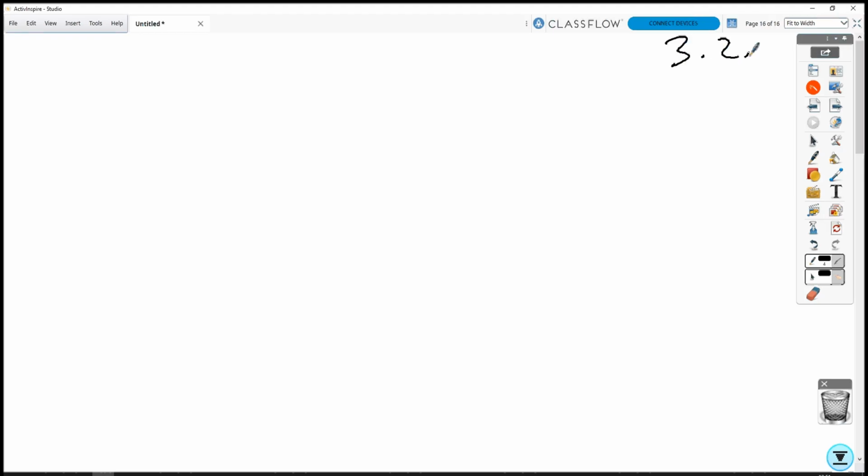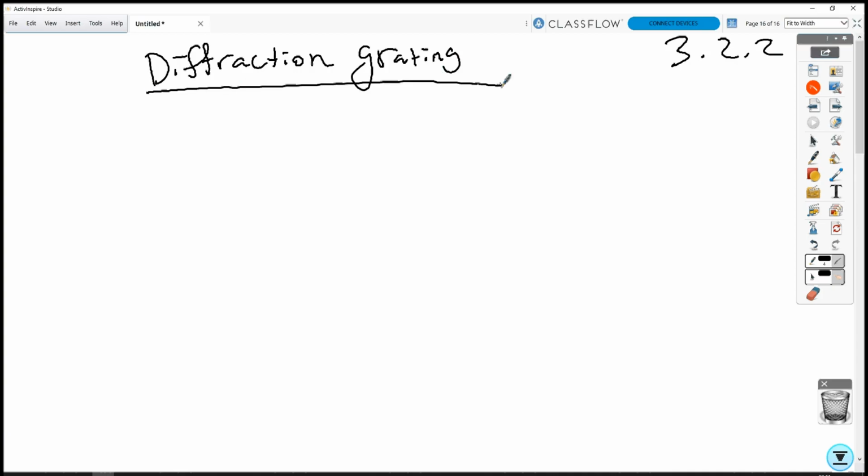This is 3.2.2 diffraction grating. Diffraction gratings are a development of Young's double slits.